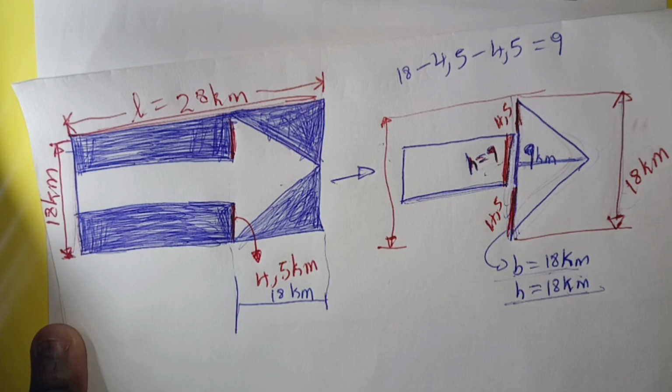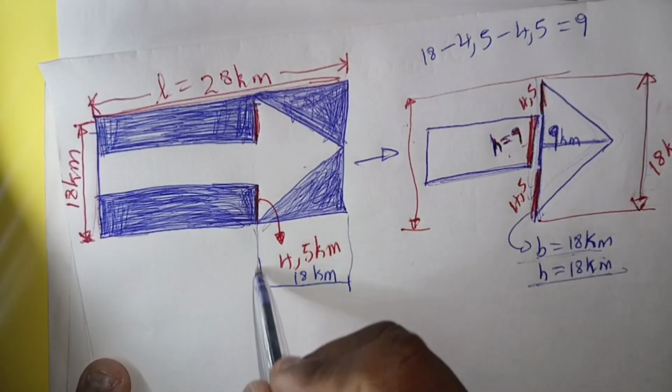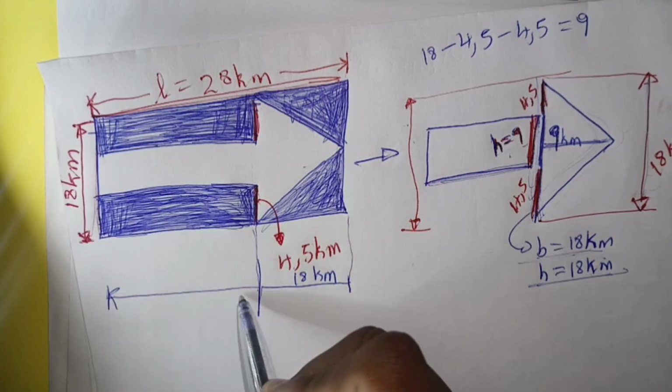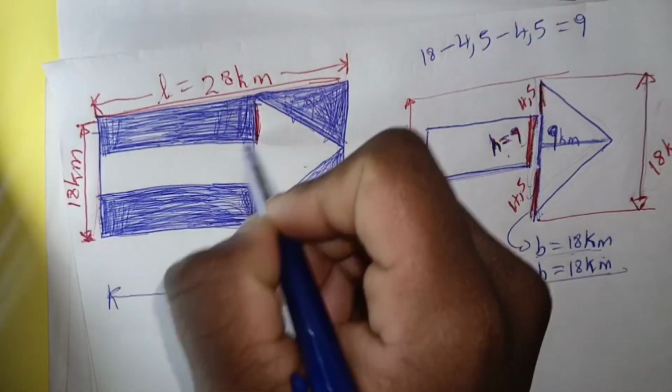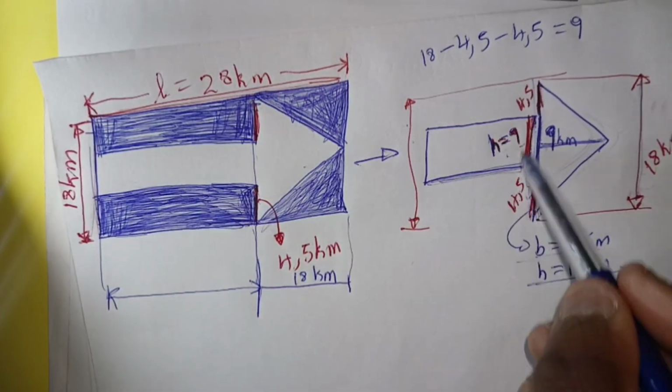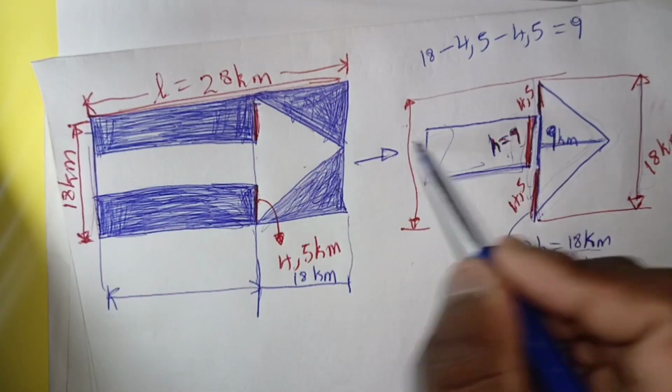So now once you know that distance, you should also know this other distance, and this distance will be the length of this rectangle.